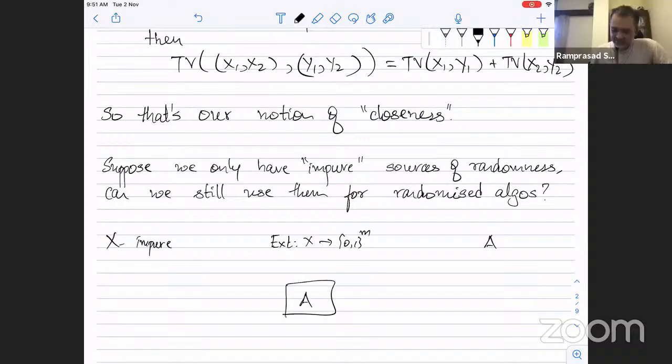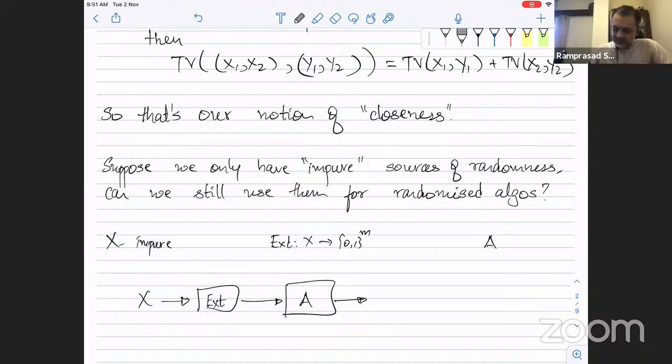Yeah, so let's say this is my randomized algorithm. I needed to feed in random bits. I'm ignoring the input for the randomized algorithm. So all I do is I take a sample from X, pass it through this extractor, and then whatever was the output of the extractor, I feed that into A, and then answer according to this.